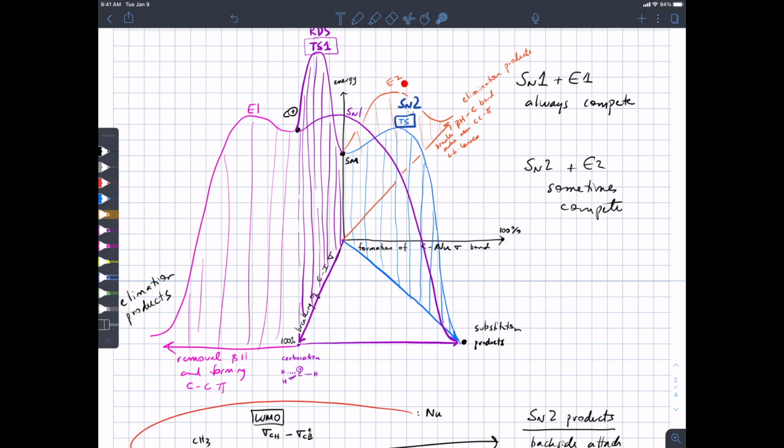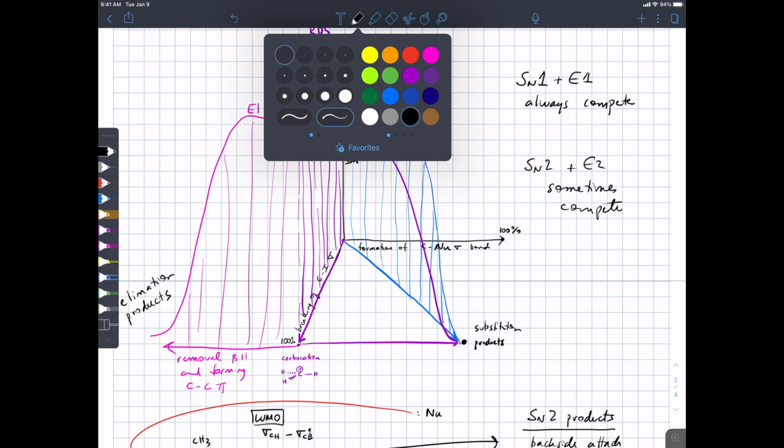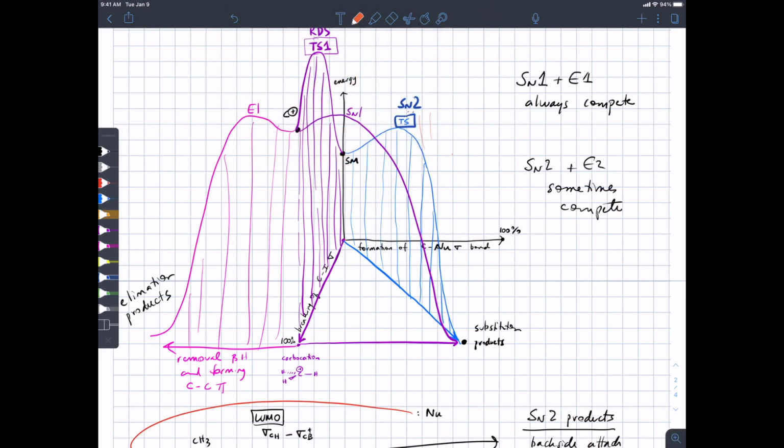If there were a way to draw this so that the E2 and the E1 ended up at the same spot, yeah, we're really going to do it, aren't we? Okay. Fine. It's not your fault. I just like pretty pictures, so yeah, I suppose we could draw the line like here, and this, as we said before, would be break the bond between the carbon and the beta proton, make the new pi bond, and leaving group leaves all together now.